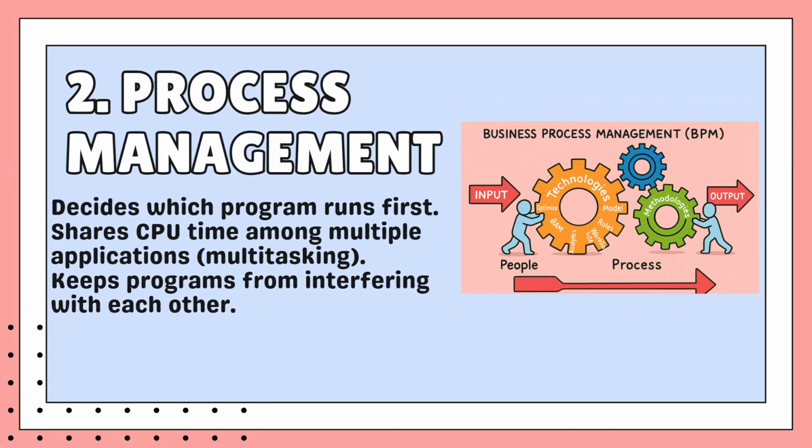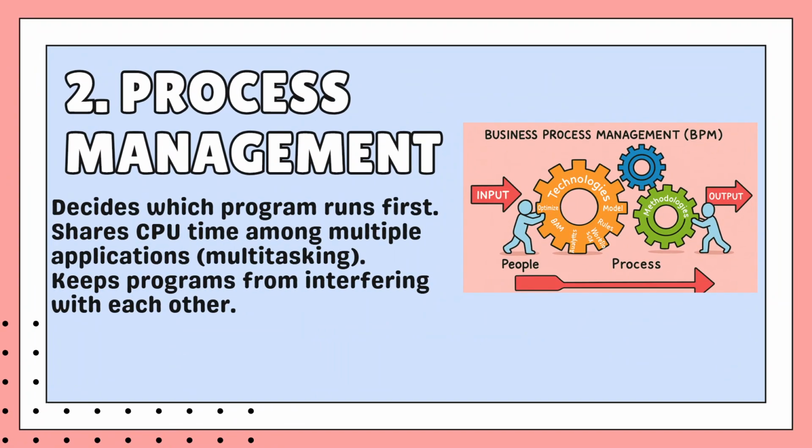Coming to the second one, it is all about process management. Process management handles running programs, that means processes, and decides which program runs first and for how long. For example, when you listen to music while browsing the internet, the operating system manages both without crashing, right?